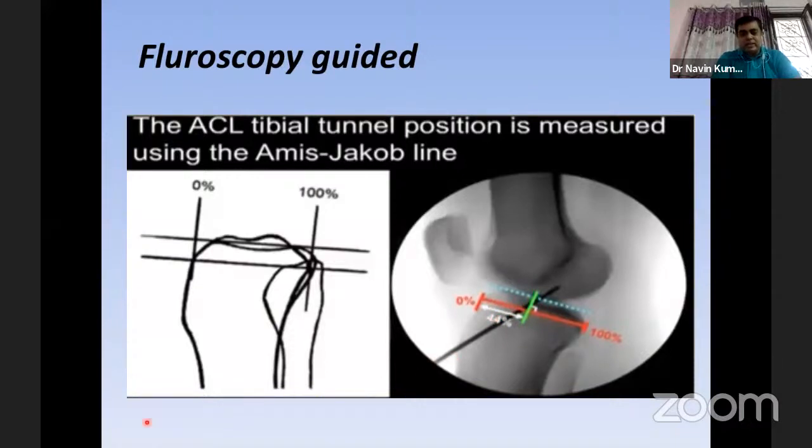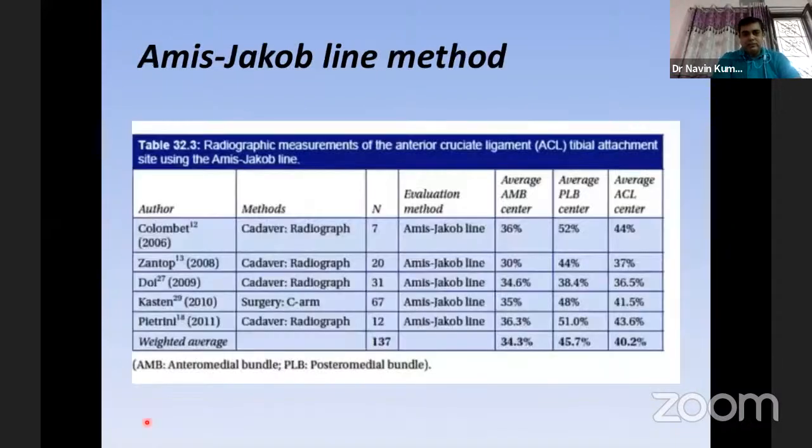There are various studies done on this. Various authors have used the cadaveric method, and one study was even done surgically. They evaluated this Amis-Jakob line, and they found the two important bundles I mentioned, anteromedial and posterolateral. On average, the anteromedial bundle is around 34.3% and the posterolateral bundle is 45.7%, and the average ACL length is 40.2.